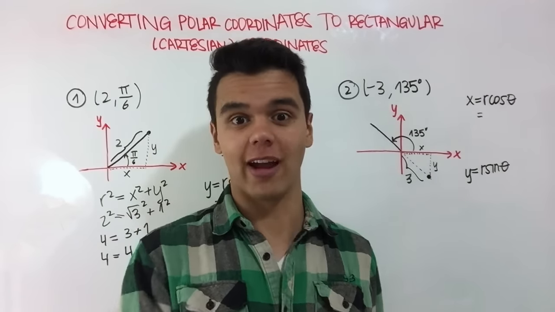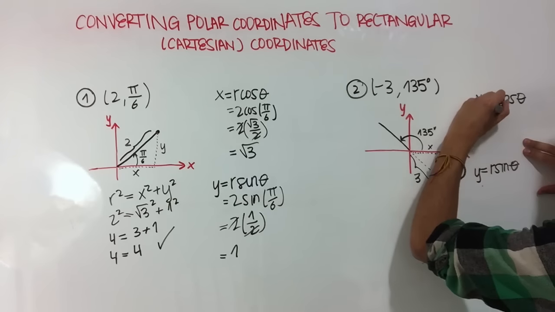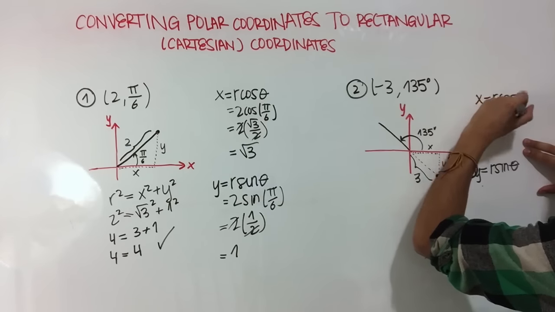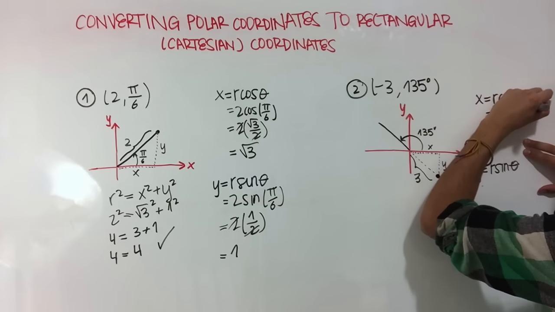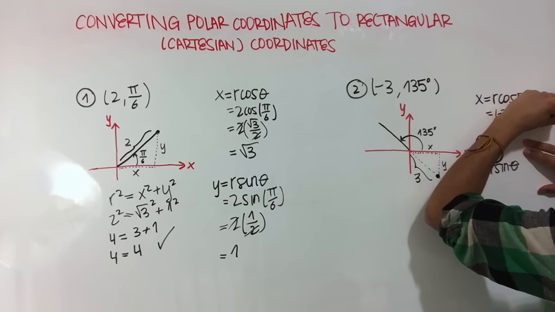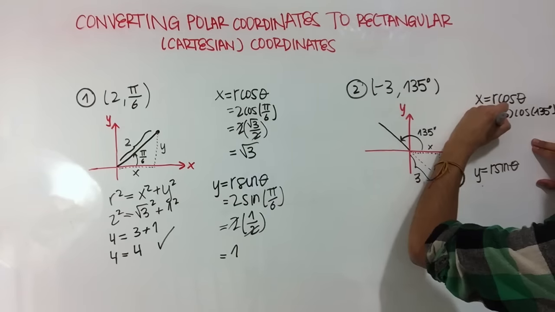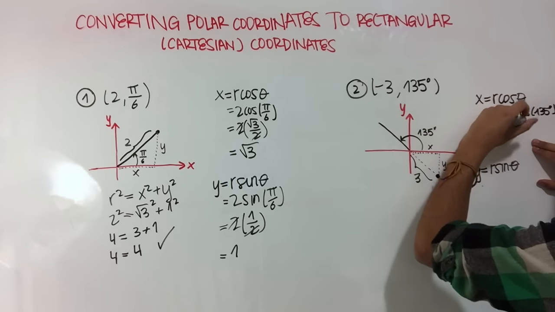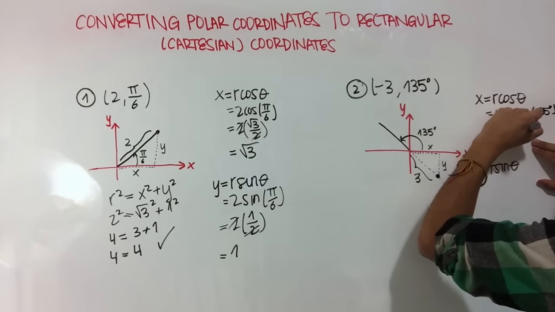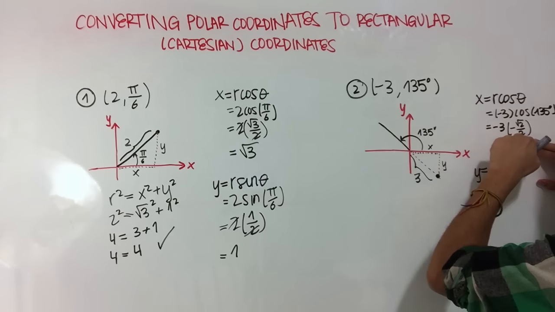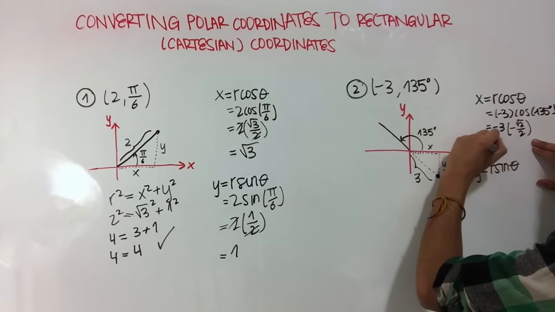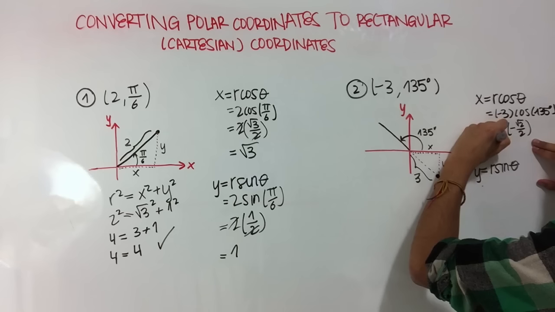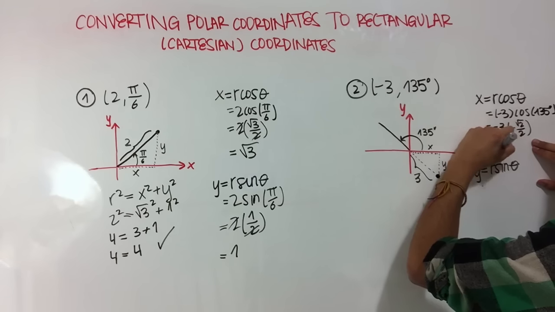Now let's solve for x. So x is equal to our radius, which is -3, times the cosine of 135 degrees. This is equal to -3 times the cosine of 135 degrees, which is equal to negative square root of 2 over 2. Negative times a negative is a positive number, and it's going to be 3 times square root of 2 over 2.